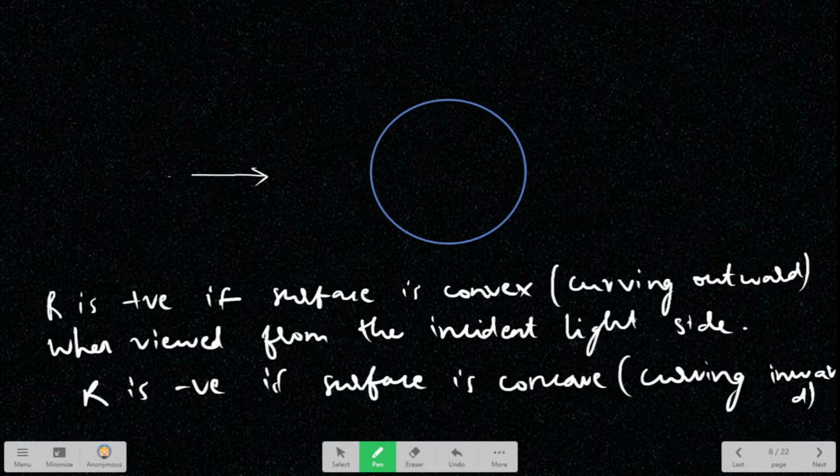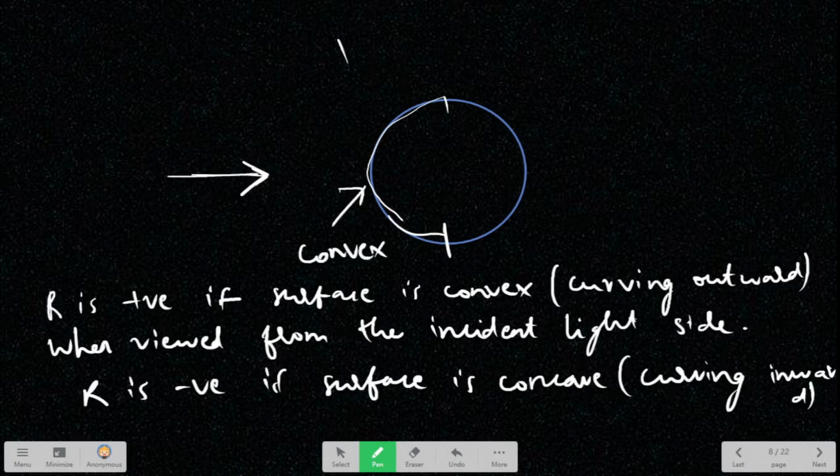So light is incident from this side, and you can see the first surface, which is this surface, it is convex, it is curving outward.